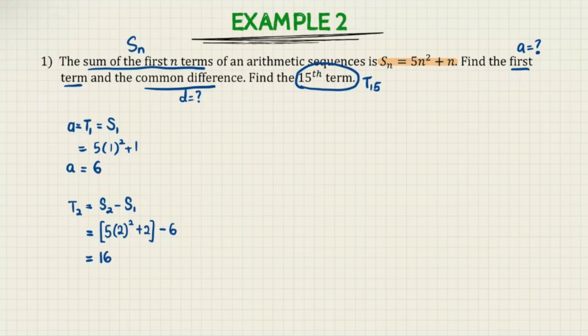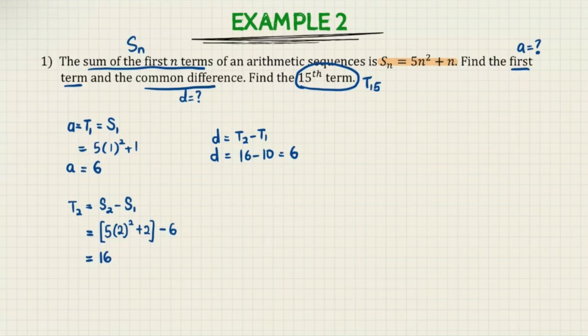So nak dapatkan D datangnya daripada second term minus first term, which is 16 minus 6, dan D is equals to 10. Okay, so far okay? D will be equals to T2 minus T1 and D will be equals to 16 minus 6, which is equals to 10.